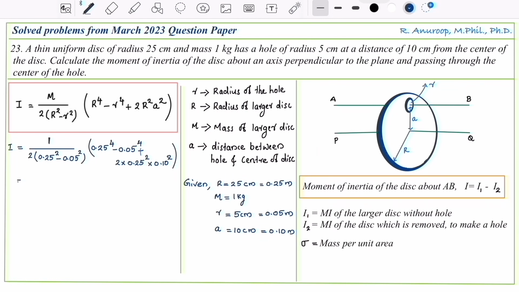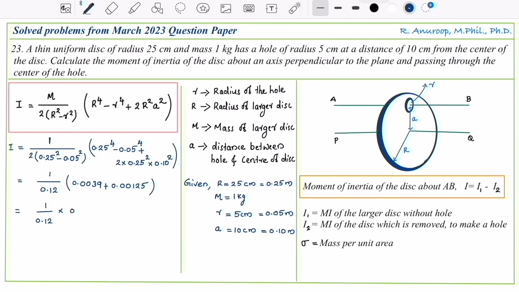And that is equal to 1 divided by 0.12 into (0.0039 plus 0.00125), and this is equal to 1 by 0.12 into 0.00515, and this is equal to 0.0429 kilogram meter square.